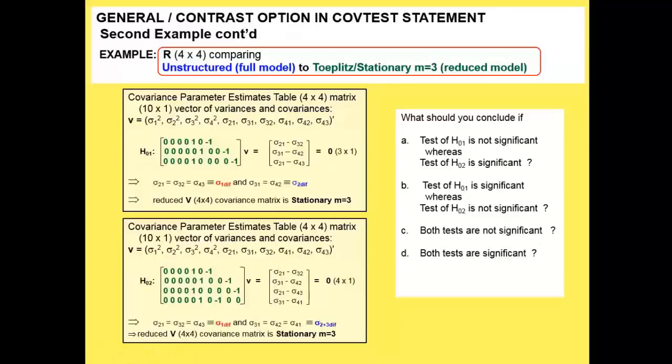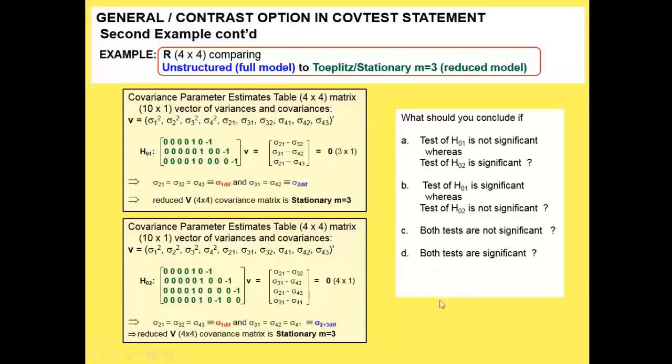Just the logic here. If both of these tests were significant, what would I have to conclude about the R matrix, in terms of the three choices I have? I'm only comparing three choices: unstructured, stationary M3, and stationary M3 with a little extra juice in there. I can't choose either one of these two if they're both significant.